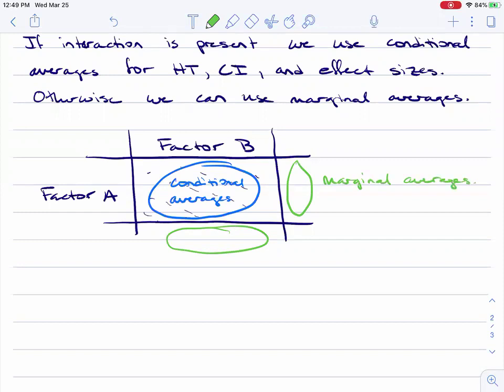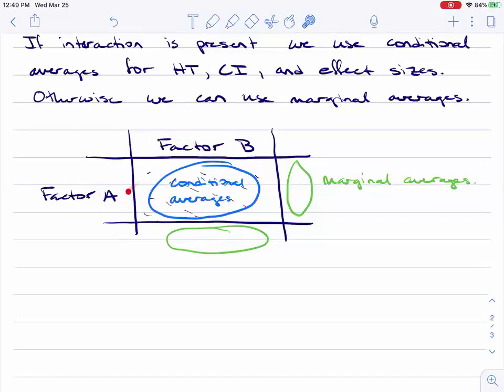And so if you've concluded that there's no interaction between factor A and factor B, then we can just look at these marginal averages to summarize how factor A behaves, and then marginal averages for how factor B behaves.